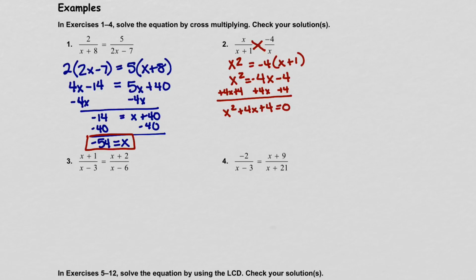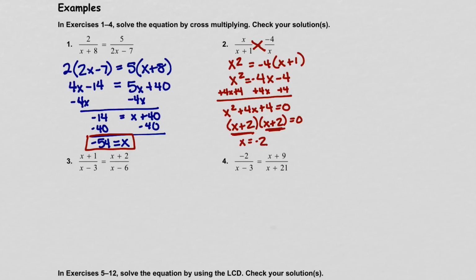And this is why we practiced factoring in the Skill Builders. So I need to factor this, and I get x plus 2 times x plus 2 equals 0, because 2 times 2 equals 4 and 2 plus 2 equals 4. So that worked out. Then I solve for x. If I solve this parentheses for x, I get x equals negative 2.